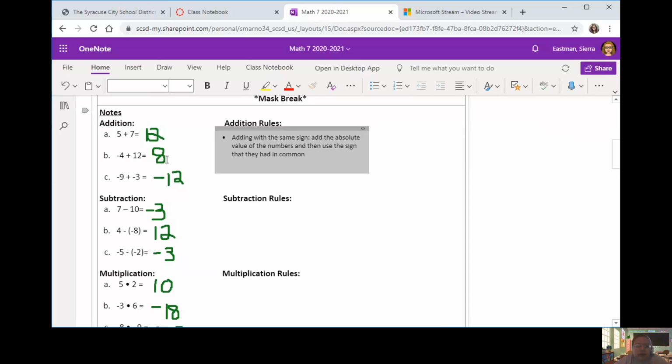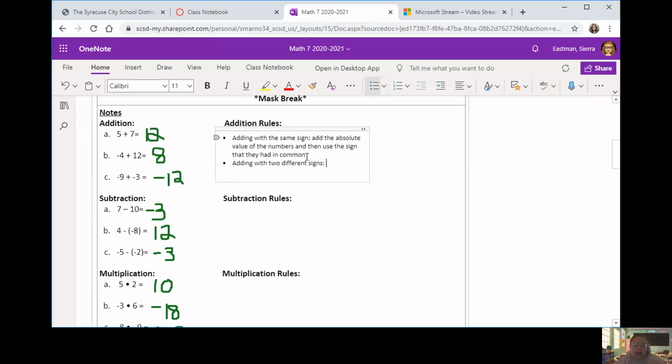Okay. The same thing happens when we have numbers that still have the same sign, but now they're both negative. You add the absolute value, which means only the number itself. 9 plus 3 gives me 12. Then you're using the sign that they had in common. They both started as negative, so my answer has to be negative. The only ones that are different are when you're adding with 2 different signs.